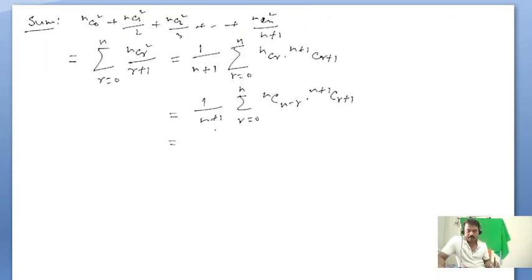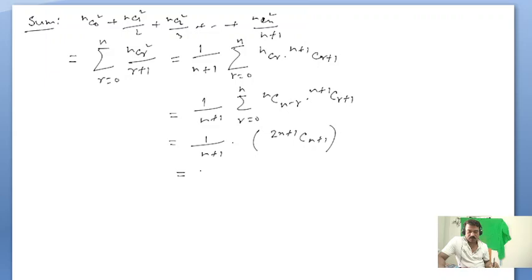So we may write this as 1 by n plus 1 into 2n plus 1 c n plus 1. Here we add this.